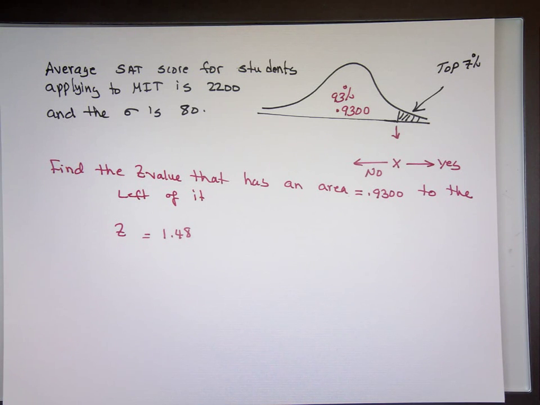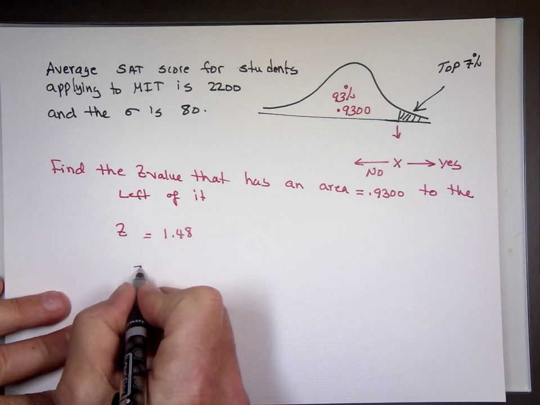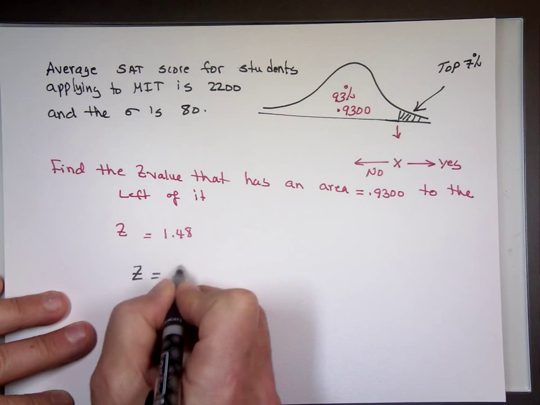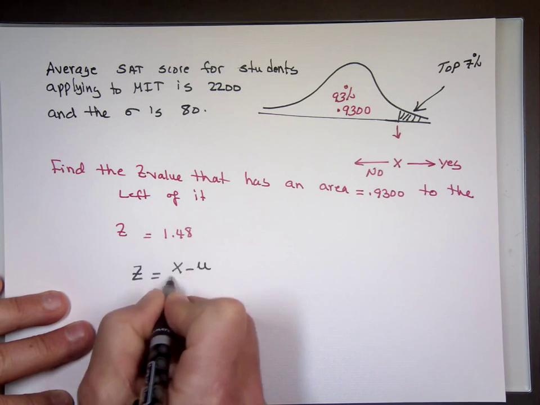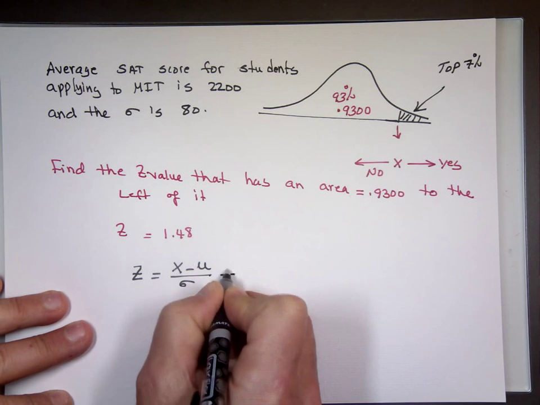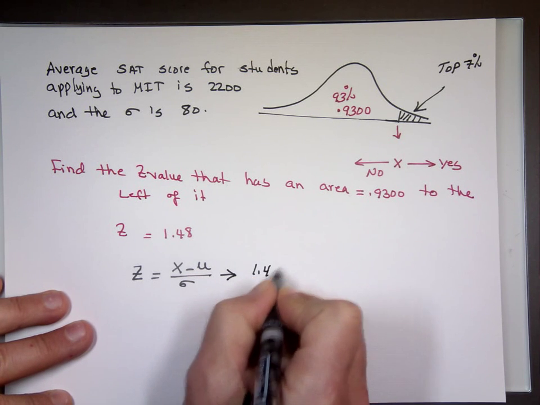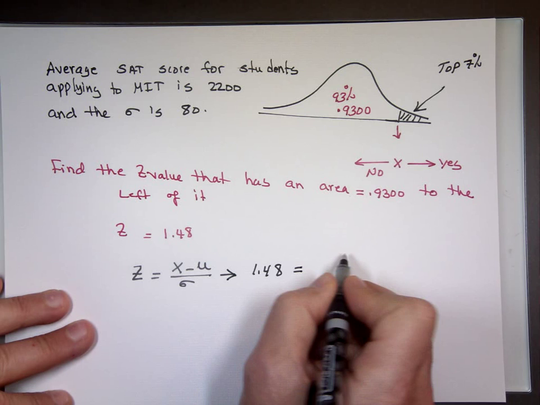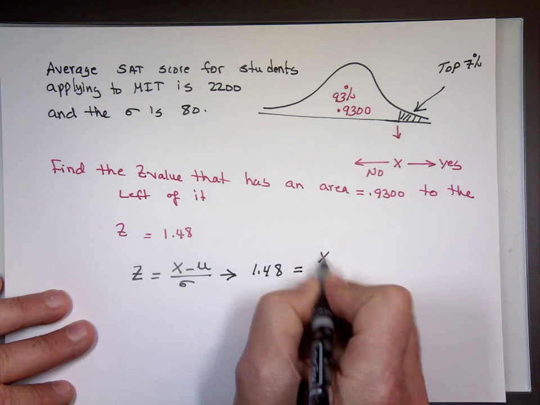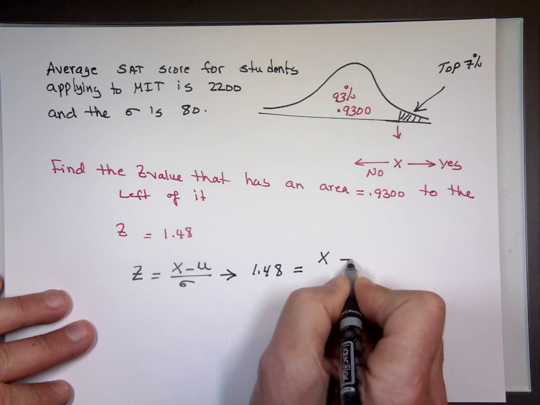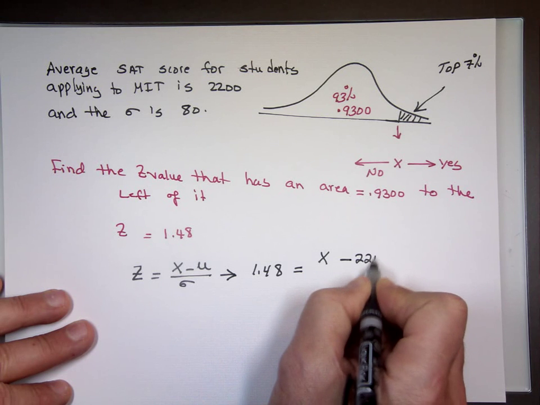So now, what score do we need to get to MIT? Z equals x minus mu over sigma. 1.48 equals x, which is unknown, I'm looking for it, minus 2,200, divided by 80.